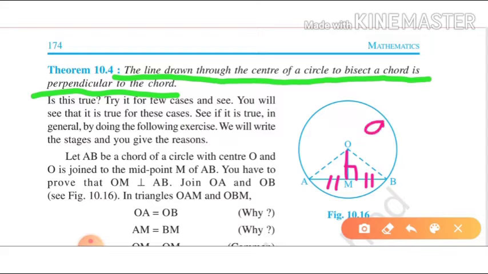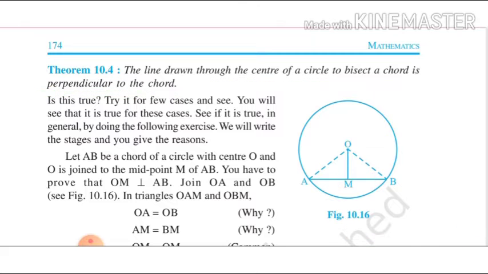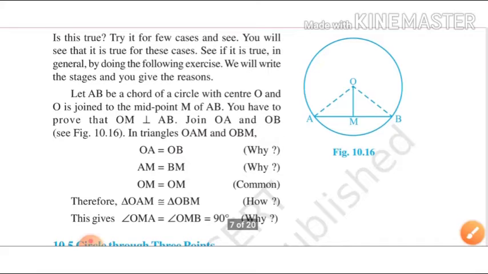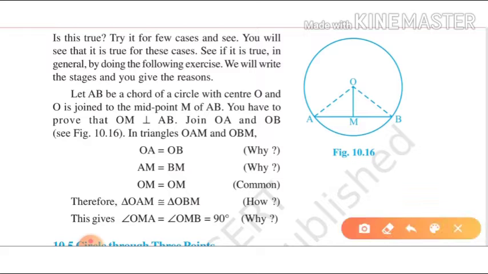is 90 degrees, that is, OM is perpendicular to AB. So the proof is done here. Same way as we have done there, you take the circle and both the triangles, one triangle is this one and the other is this one.